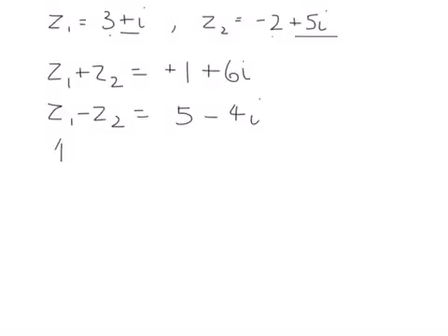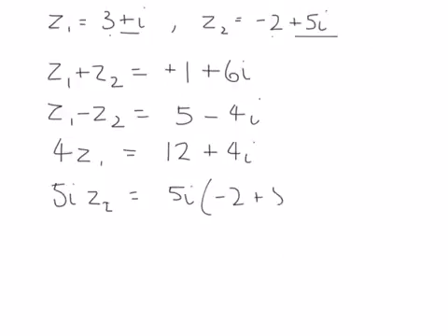I can even multiply them. So if I have 4 lots of z1, I just want 4 lots of everything that's in z1. So 4 3s are 12, and then 4 lots of i, which is 4i. I can also multiply z2, say, by 5i, which means I multiply everything that's in z2 by 5i.